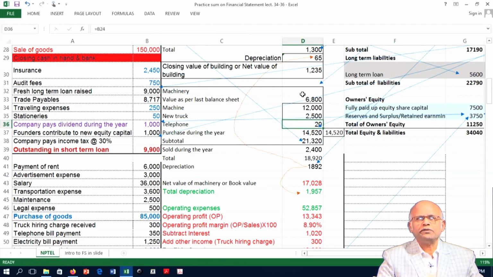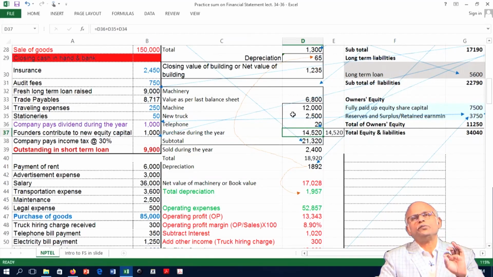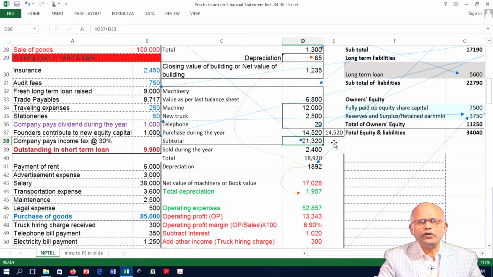So, everything together, 6,800, 12,000, 2,500, 20, total comes to 21,320 rupees. This is the depreciable value of machines.